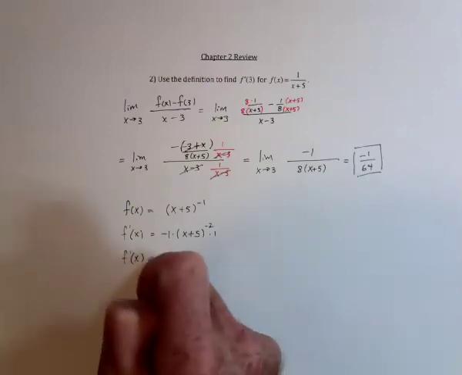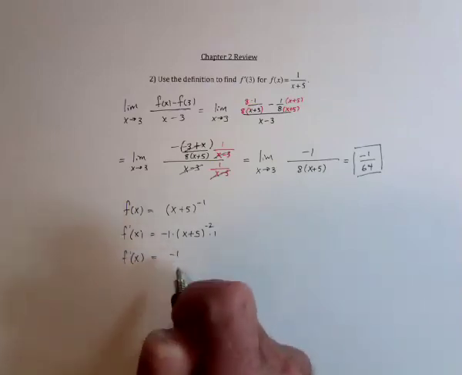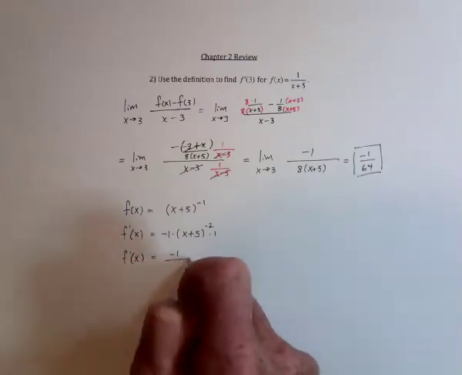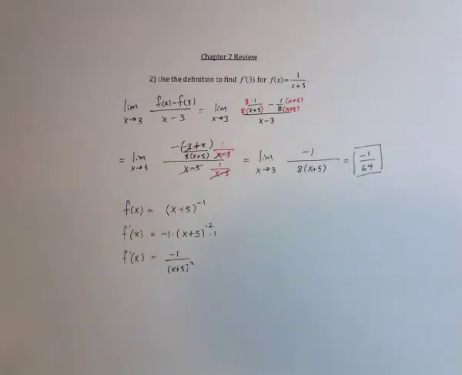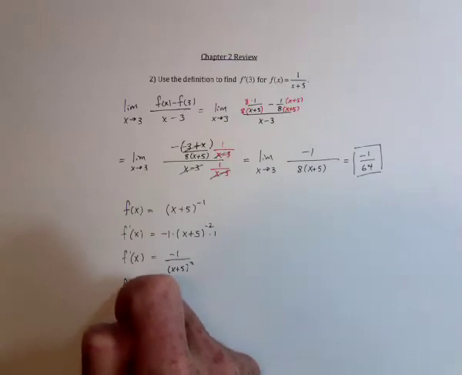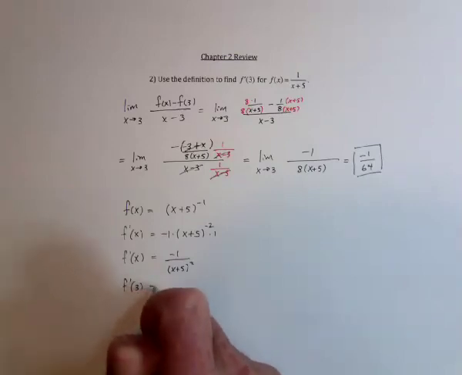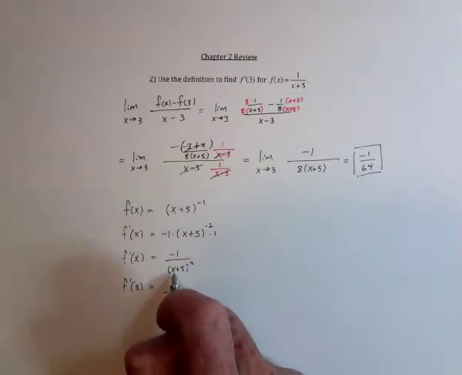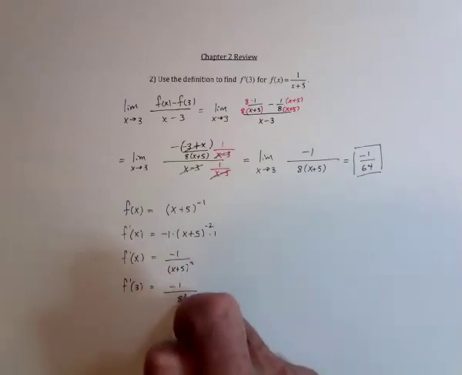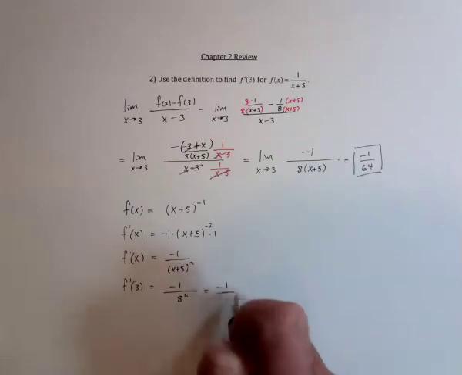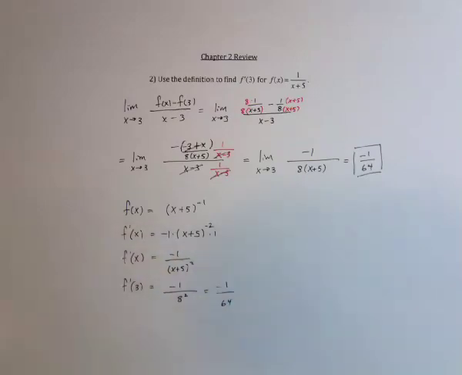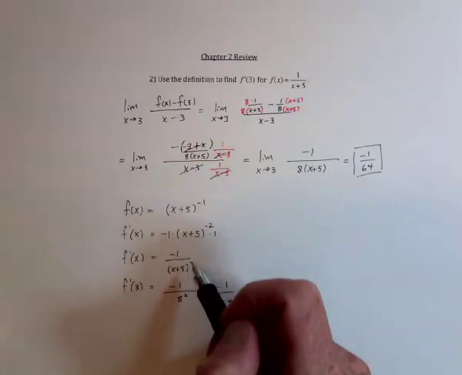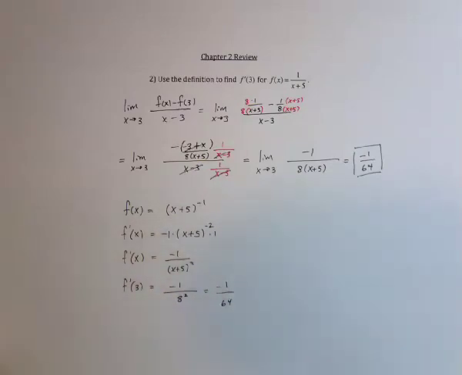So rewrite it without a negative exponent, and it's got a -1 on top, and then it's got x plus 5 squared in the denominator. And the last thing to do is substitute a 3. And so this is going to be 3 plus 5 is 8, so 8 squared. Sure enough, it's right. Sorry, but this is the shortcut method that we're learning in the next chapter.